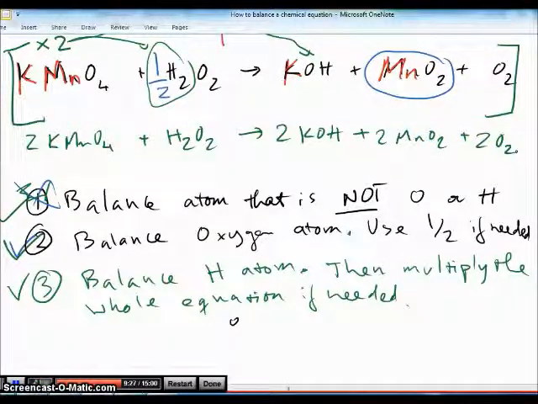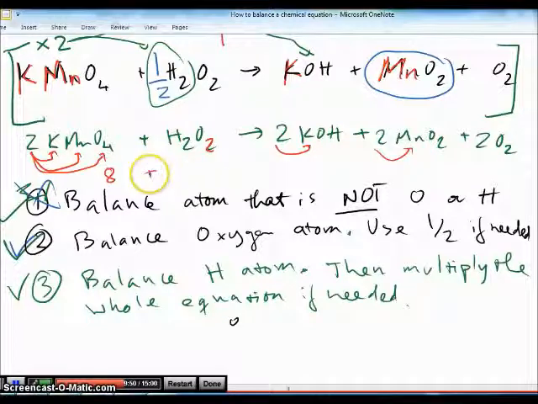Okay, so when I multiply like that, am I still going to have a balanced equation? Oh, you betcha. I still have 2 K, 2 K, 2 Mn, 2 Mn, 8 oxygen, 2 multiplied by 4, plus 2 oxygen over here. So 8 plus 2 is equal to 10 oxygen.